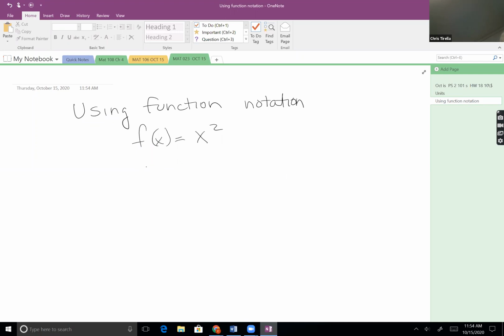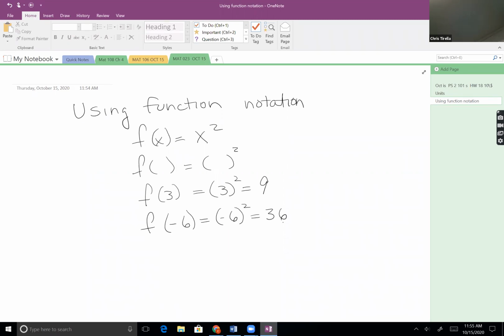So f of any quantity will be whatever I put in the parentheses squared. So if I look for f of 3, that would be 3 squared, or 9. If I look at f of -6, that would be -6 quantity squared, which is 36.